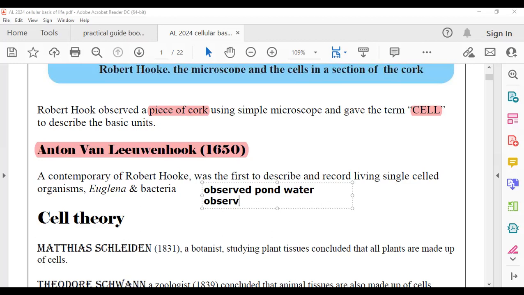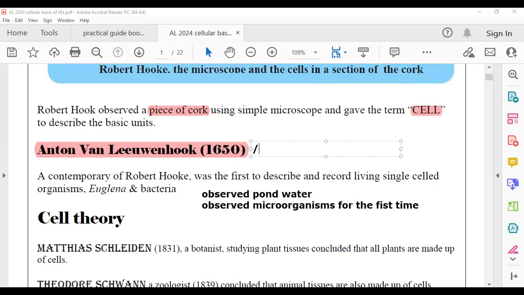He gets the next honor, observed microorganisms for the, what is it? First time. Due to this reason, he is described by the word father of microbiology.